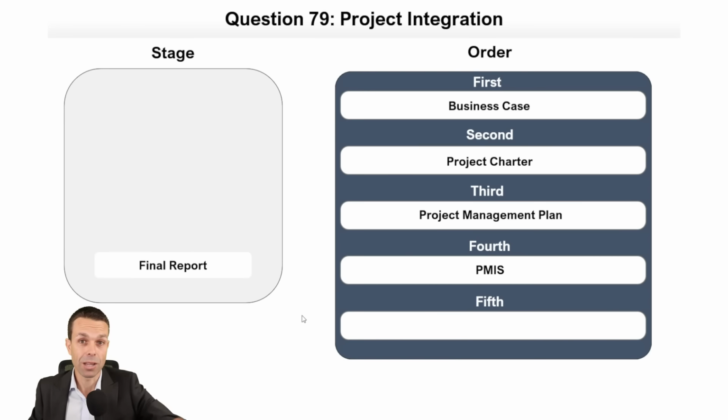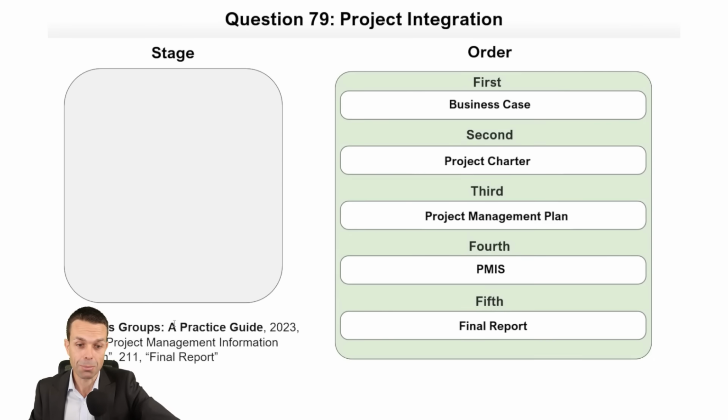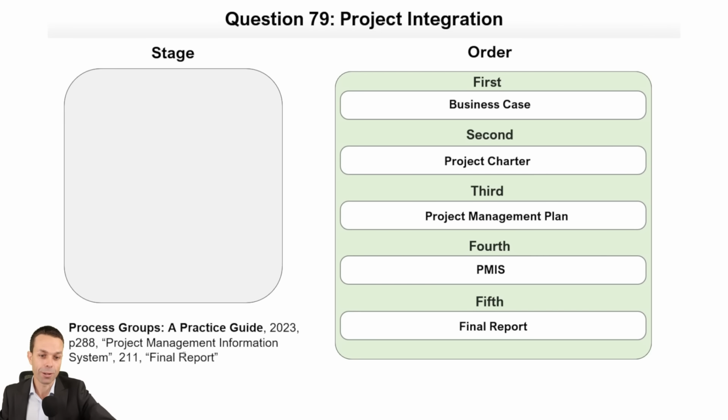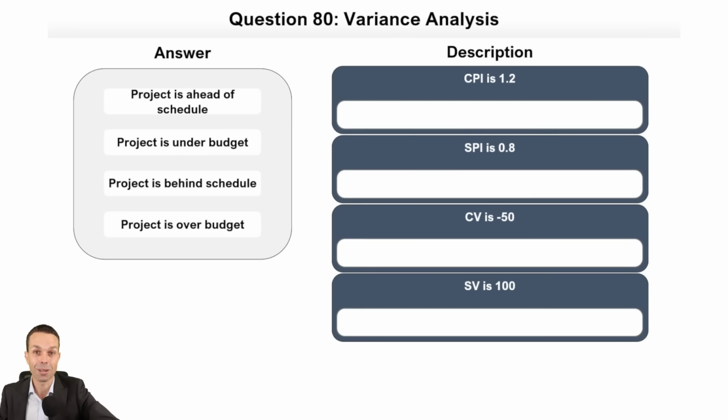That could be a system like Jira or Microsoft Project or Monday.com or any of those things. And lastly, we're going to close off the phase or the project with our final report so that everyone is on the same page. And then we are at page 288 or 211 under final report and project management information system in the process groups practice guide. Wonderful stuff and well done.